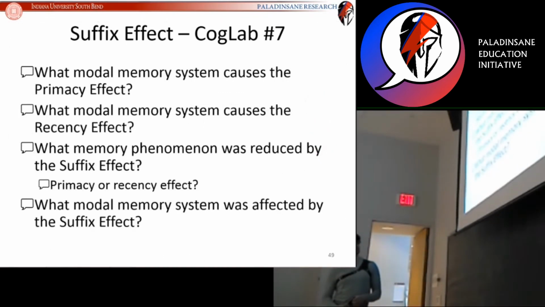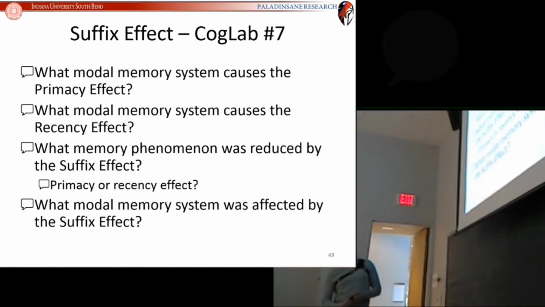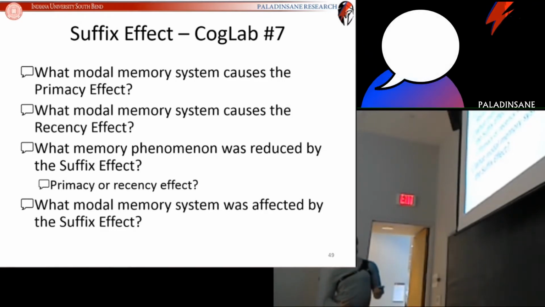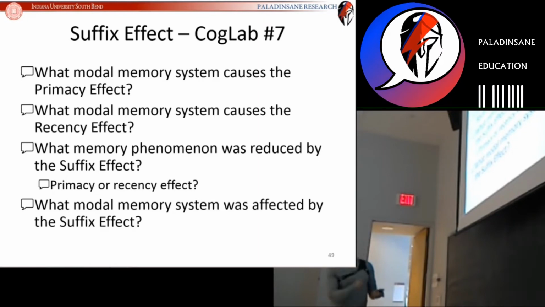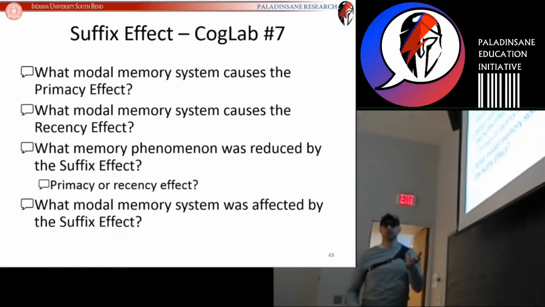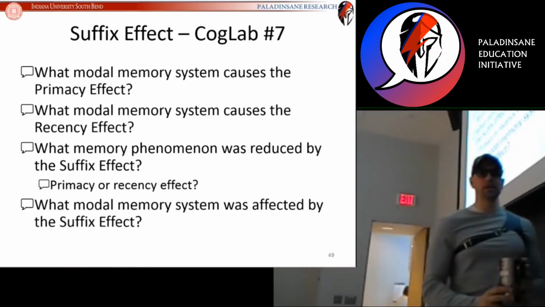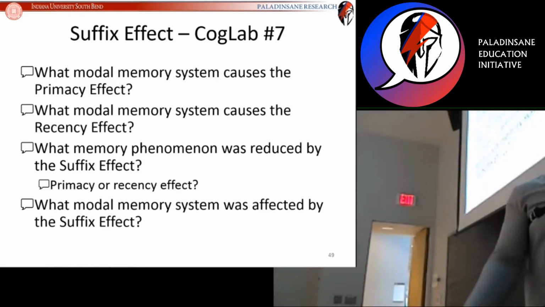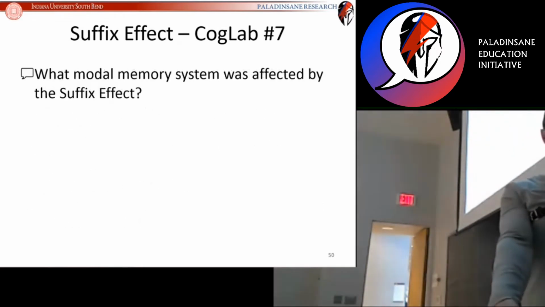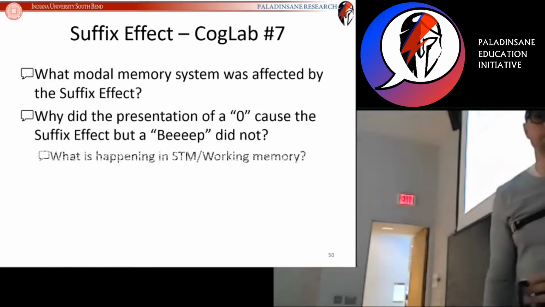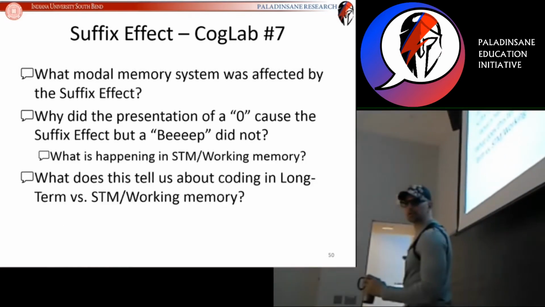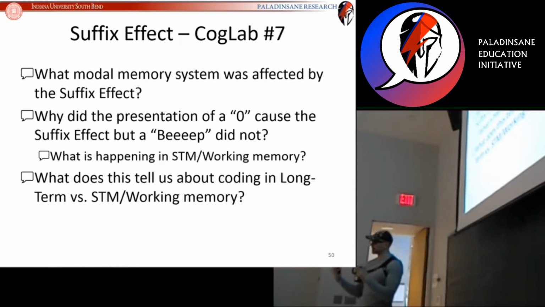All right, and then what modal memory system was affected by the suffix effect? We already mentioned this. It seems to be your working memory and your short-term memory. We've already addressed a lot of these. I think we've kind of preempted the discussion.